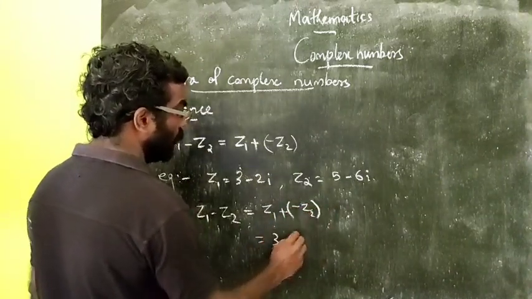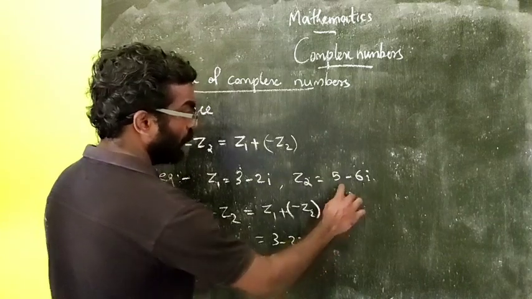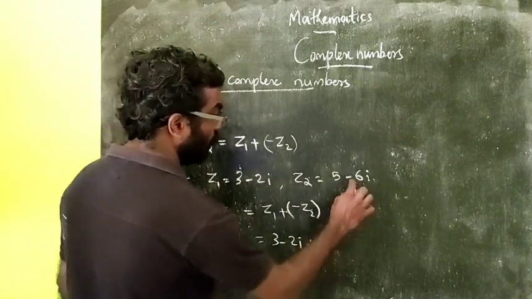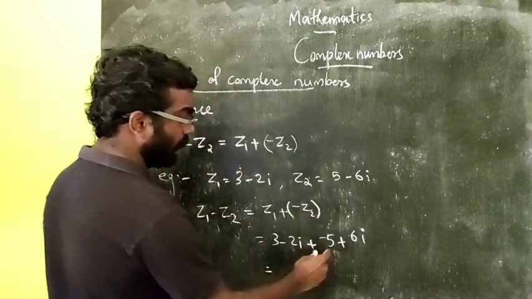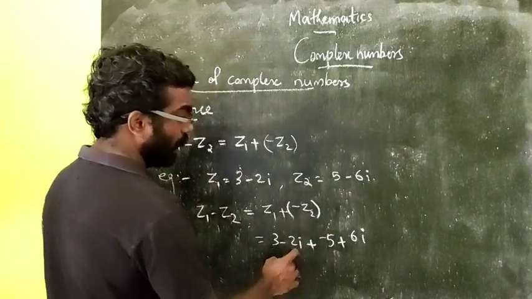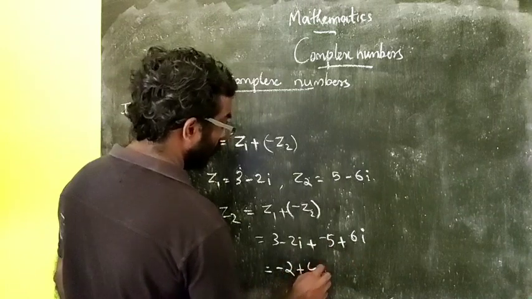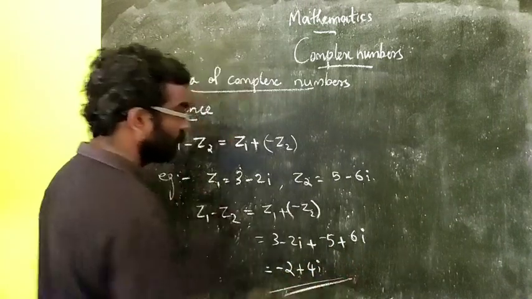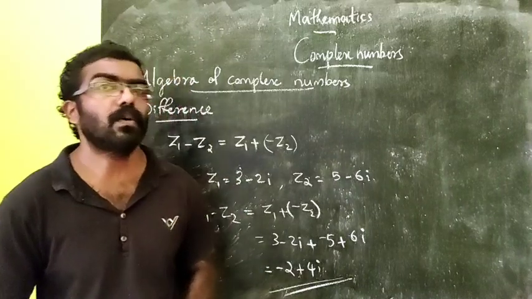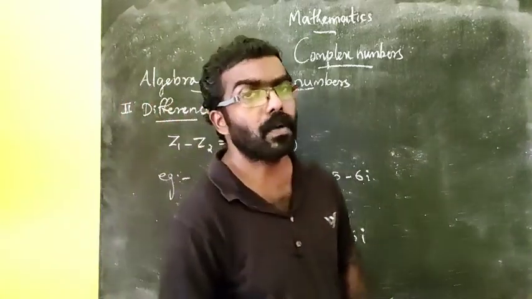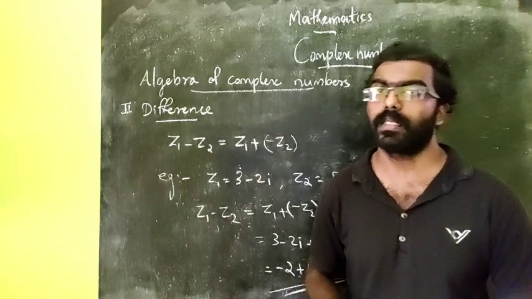That is 3 minus 2i plus minus of this one, that is minus 5 plus 6i. Now we can add: 3 plus minus 5 is minus 2, and minus 2i plus 6i is plus 4i. Okay, so this is about difference of two complex numbers. Here there is no property related to difference of two complex numbers.